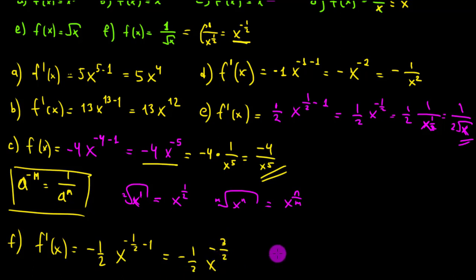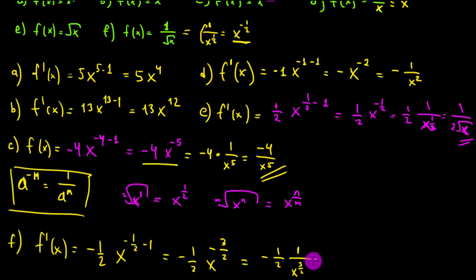And you can write this as minus 1 over 2, and this term, since the power is negative, goes to the denominator, and it will be x to the power of 3 over 2.